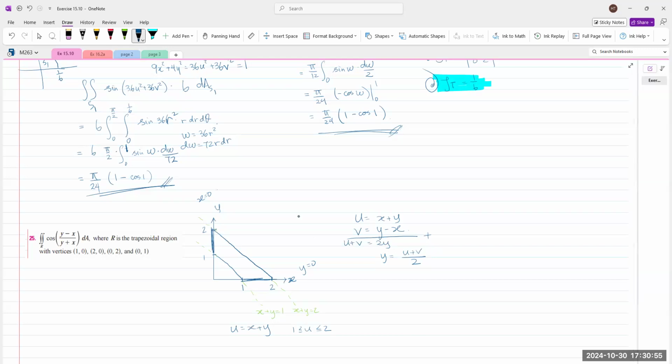Now, knowing that one of the boundaries is y equals 0, y equals 0 implies (u plus v) over 2 equals 0, which implies u equals negative v.